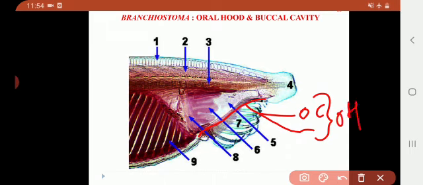Now this part is the mouth opening, and you can see it is completely surrounded by the oral hood. These fold-like structures are the wheel organ, and this membrane is the velum.